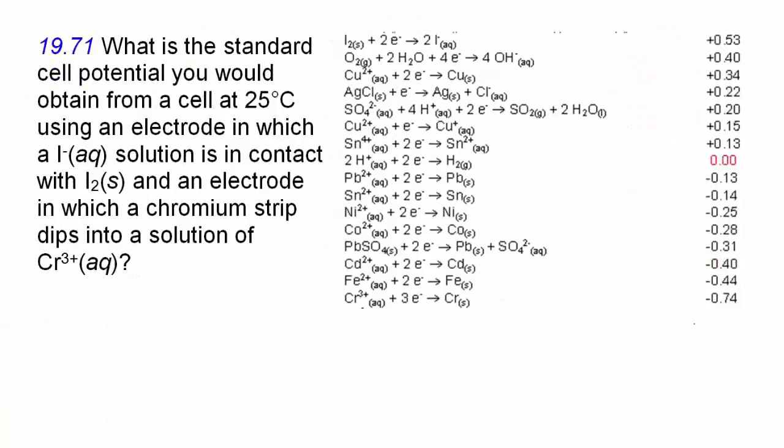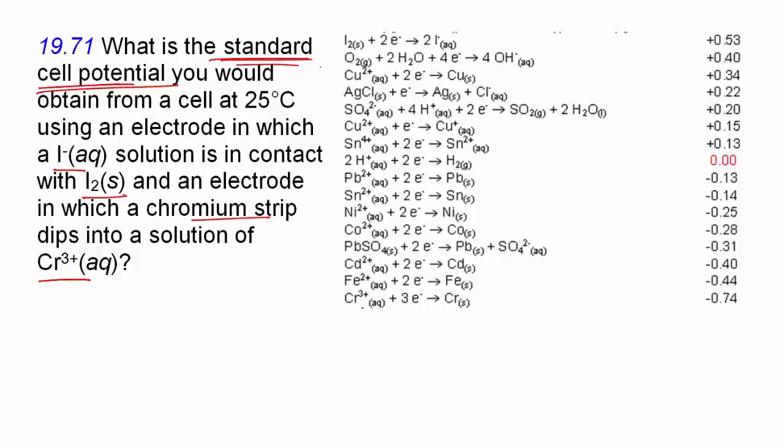What is the standard cell potential you would obtain from a cell at 25 degrees Celsius using an electrode in which an iodide solution is in contact with iodine solid, and an electrode in which a chromium strip dips into a solution of chromium 3+? What is the standard cell potential?